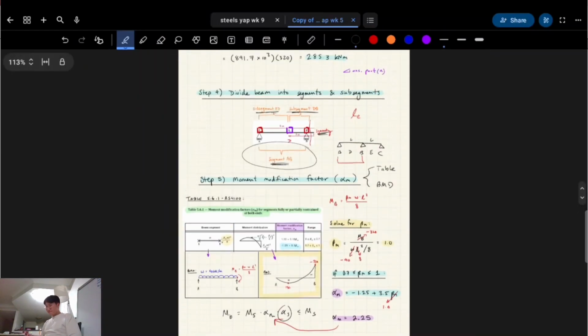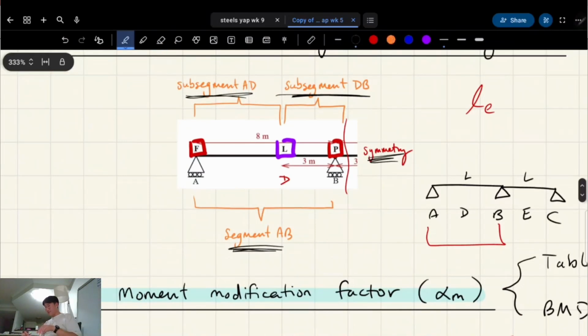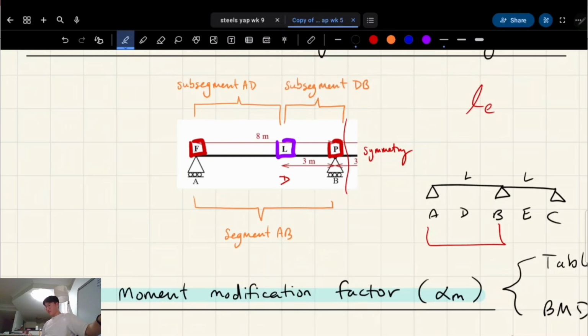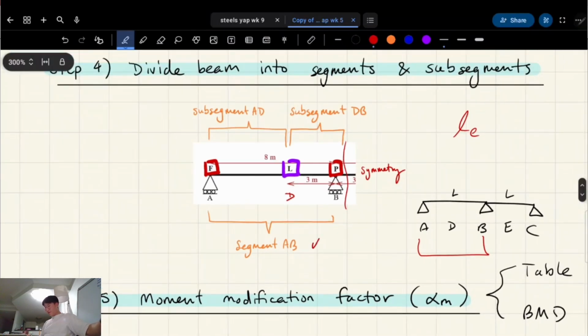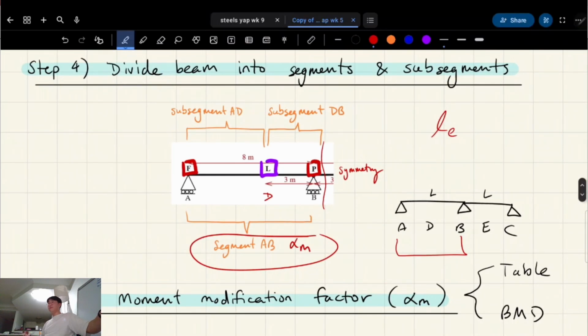The alpha M is once for this particular thing. Let me show you this again. Because of symmetry, we only have one segment and two subsegments. Alpha M was for the whole segment, and that applies for the whole segment and the subsegments. We'll do our calcs based on subsegments, but we only have to calculate alpha M once and it counts for all segments and subsegments.